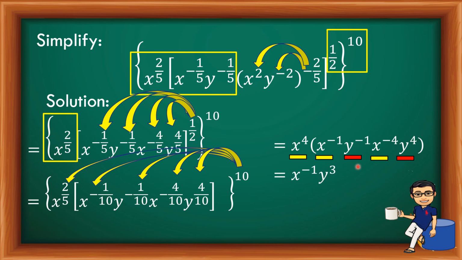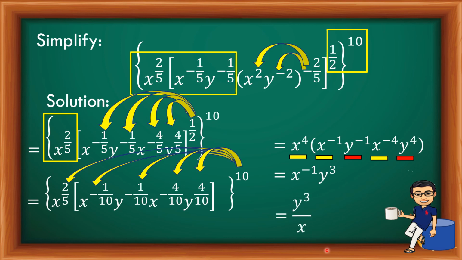Then let us go to y. y raised to negative 1 and y raised to 4, same base, copy the y and add the exponents. Negative 1 plus 4 is positive 3. Then after that, we will simplify this more. Since the exponent of x is negative, we will apply the negative law of exponent.